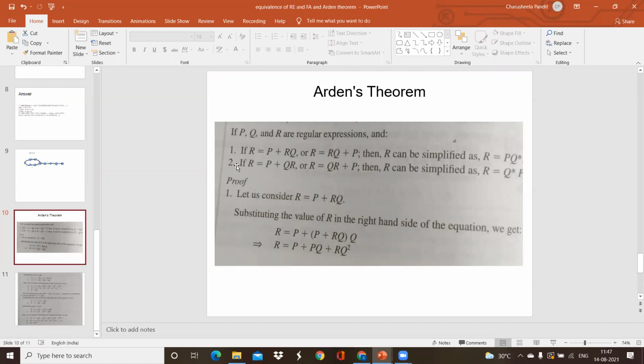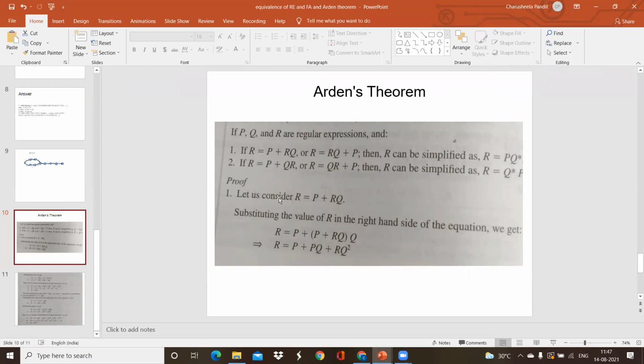The second says that if R is equal to P plus QR or R is equal to QR plus P, then R can be simplified as R is equal to Q star P. And this we have to prove.